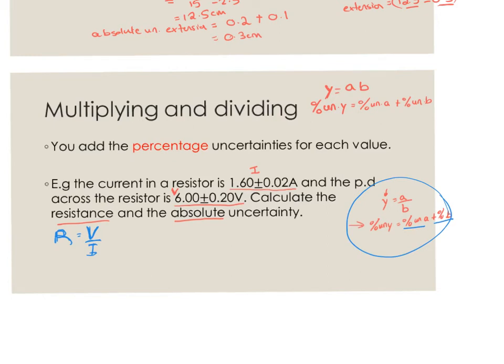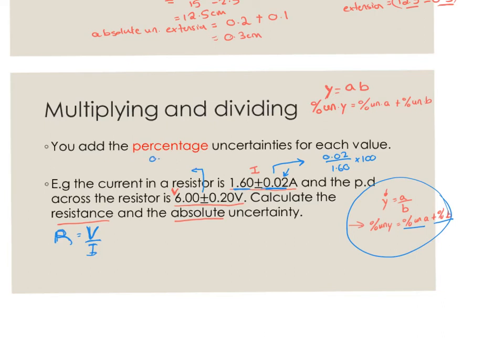But I'm given the absolute uncertainties first. I'm not given the percentage uncertainties in these questions, which means I need to calculate the percentage uncertainty first and then add them together. So to do that, I do the absolute uncertainty divided by the value, the measurement, times by 100. Do this for this one as well.